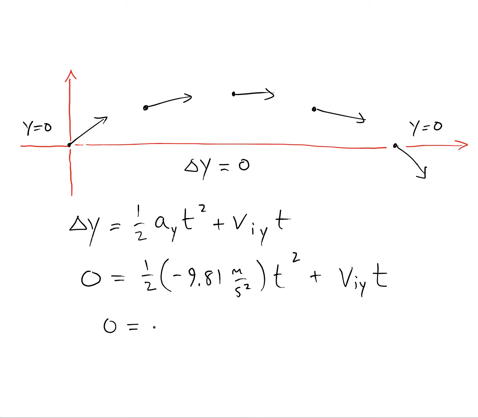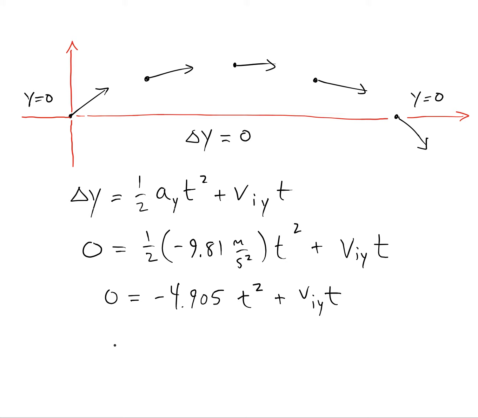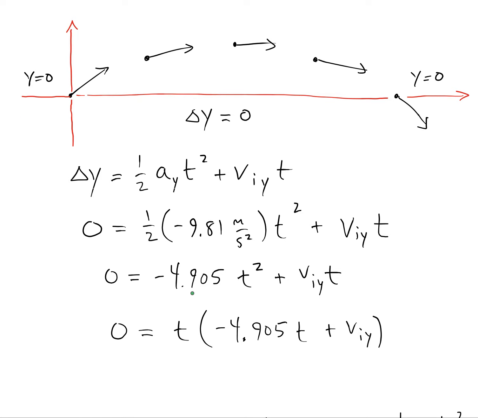So factor out the t, of course. Then this t can just divide into the 0, so that goes away.